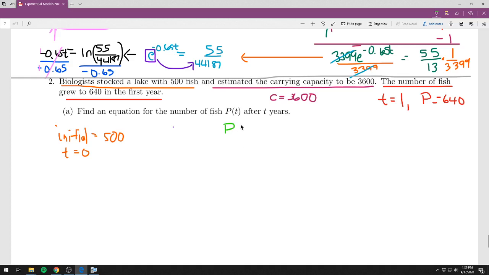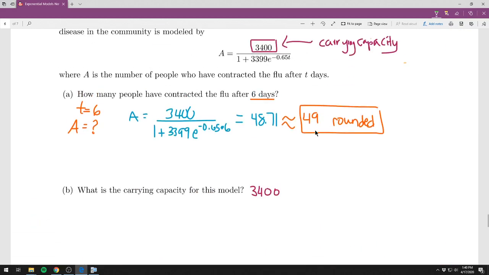We have P of t in place of y, because that's what we're told to use, equals C over 1 plus A times e to the negative b t instead of x here. So we want to make sure we write down that formula.